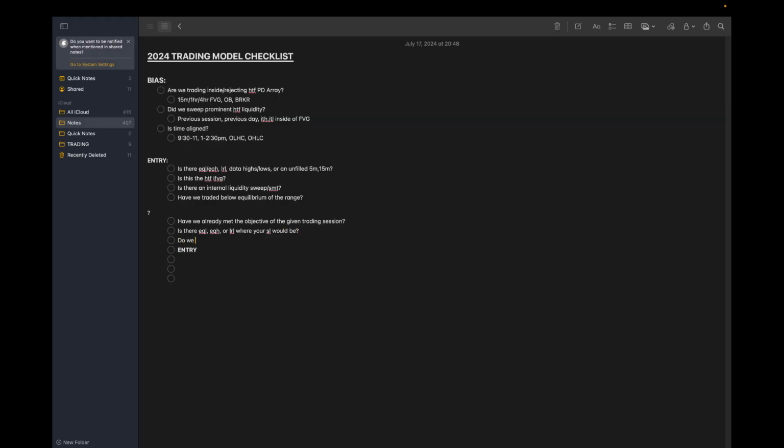And do we have clear lower time frame structure? I mean, this isn't necessary. I mean, it is, I guess, confirming bias, yeah. But there's times where you take early entries, but that's something to take notice of. And then I guess just for other things, going into the actual trade, I'll put other.